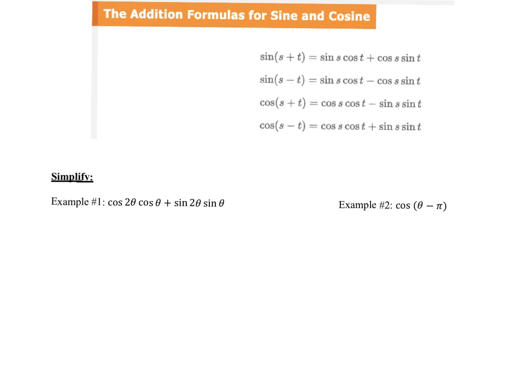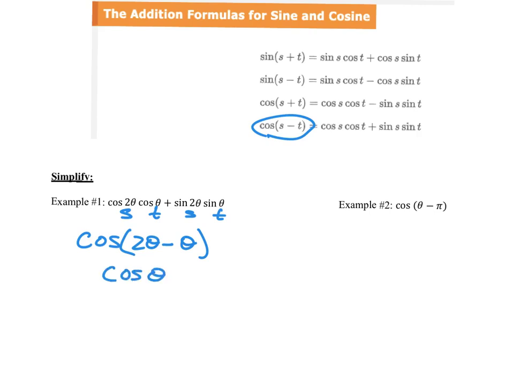So that means that this could be my s and this can be my t. So this ends up being cosine of 2 theta minus theta. And then, yes, you got like terms in there, so this ends up just being cosine theta.